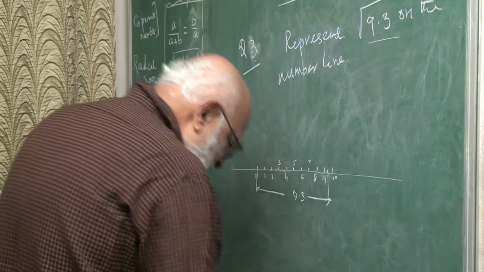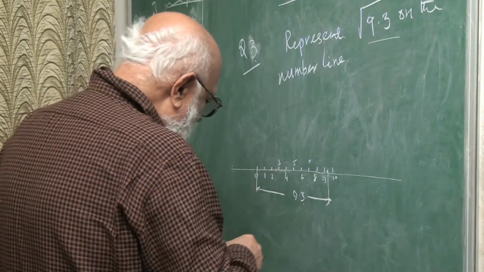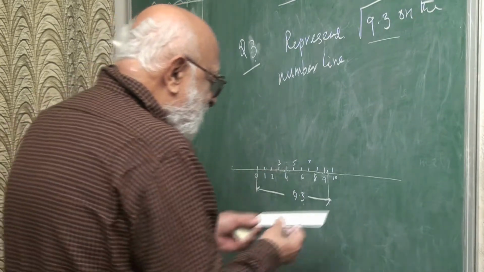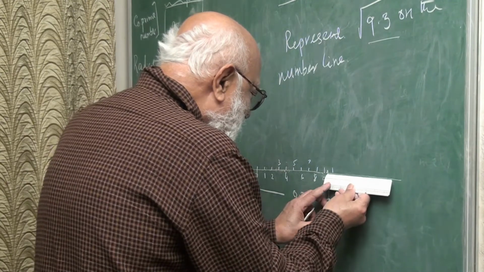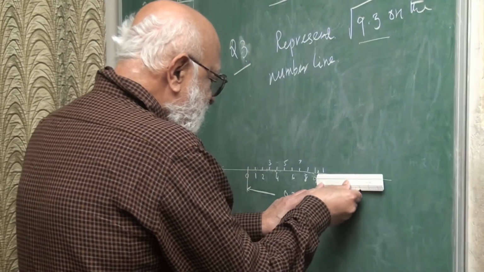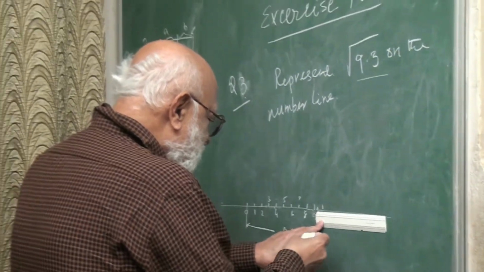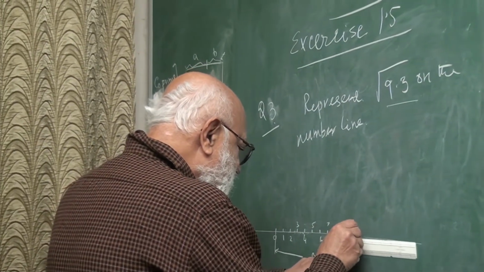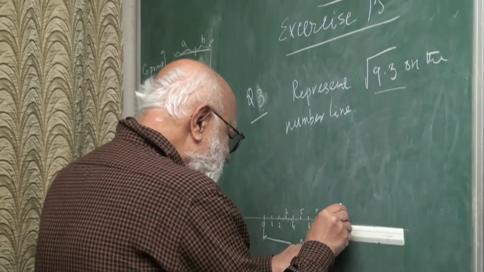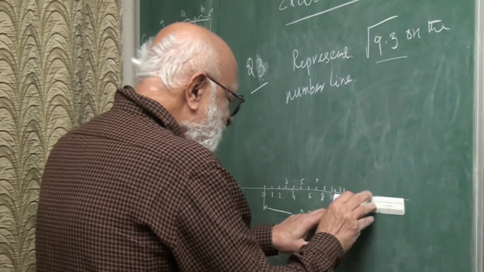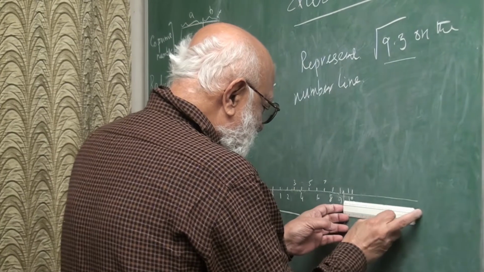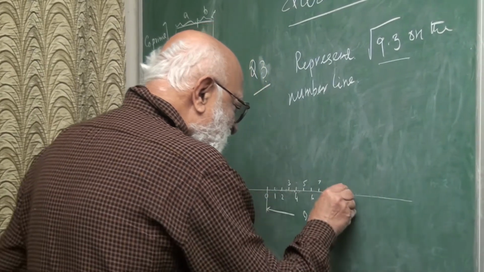Okay, now I have to go another unit. I will take another unit, the same unit. So that unit from 9.3 I will take. If I take that unit, it becomes here. Okay, so that unit is here. In this geometry, you have to be a little bit accurate.